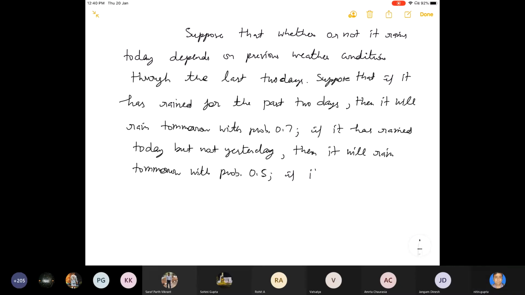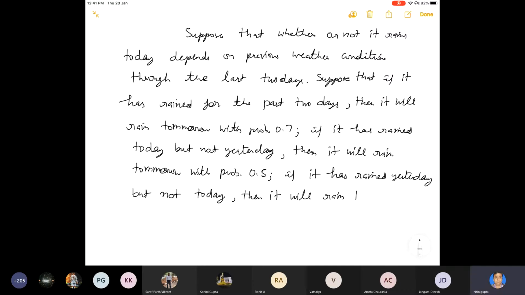If it has rained yesterday but not today, then it will rain tomorrow with probability 0.4.